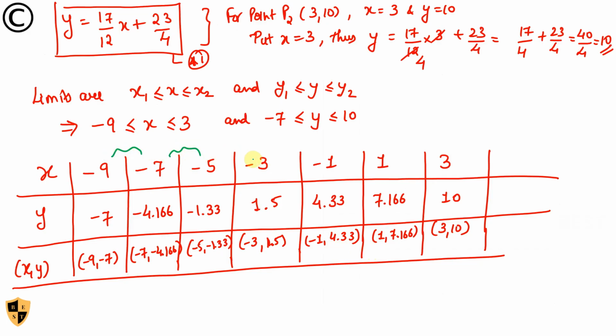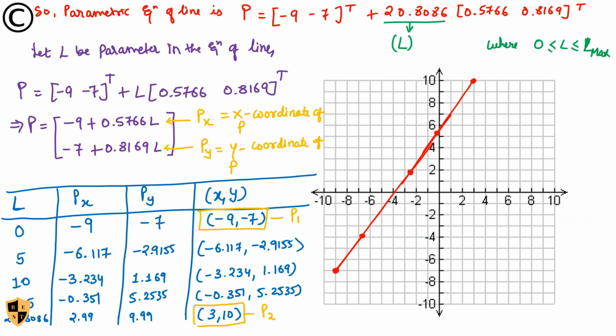The x coordinate, let's say it is remaining same, but the difference of the y coordinate is not same. In the last one also you can see the distances are not equal, even though I have taken the length of the line in steps of 5.